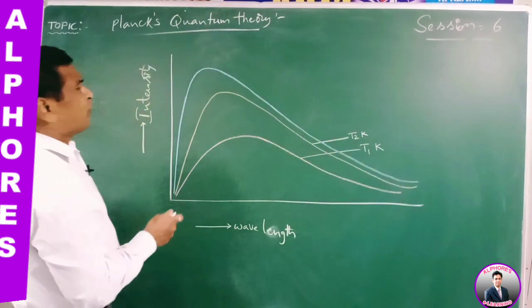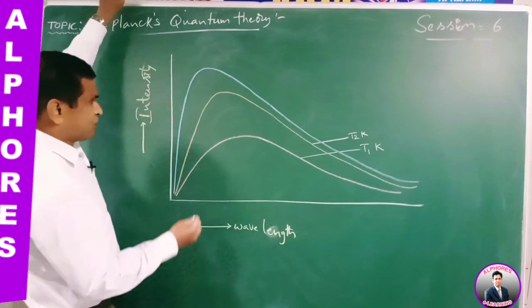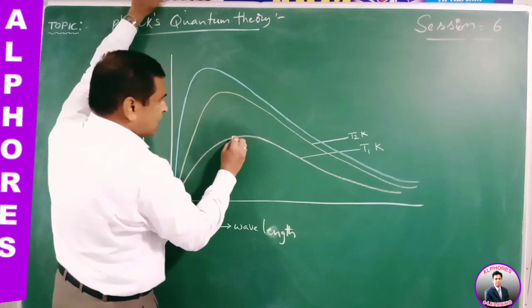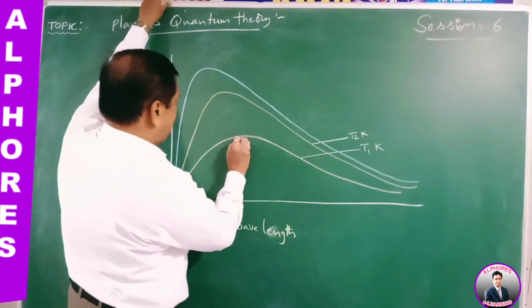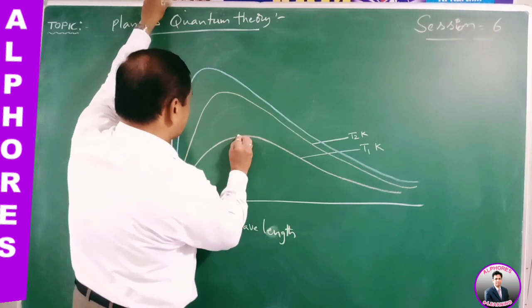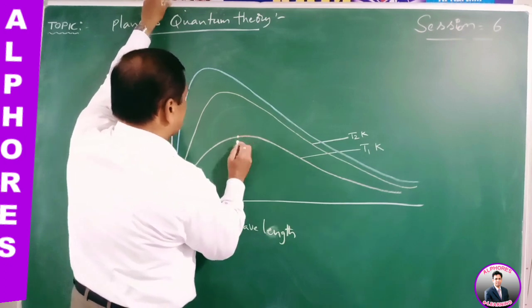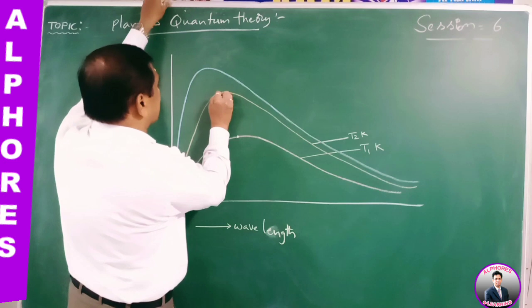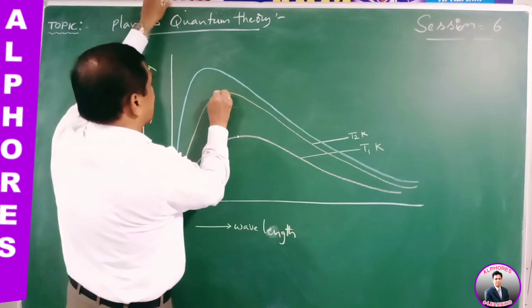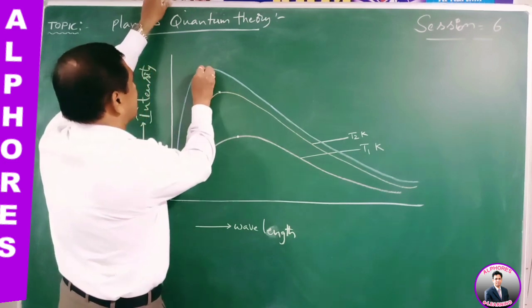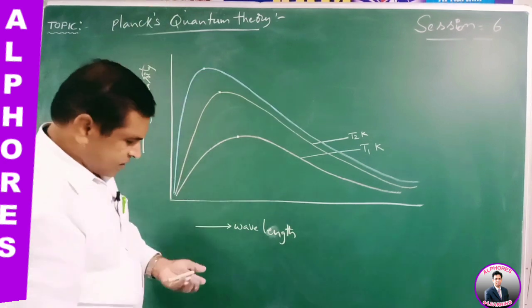Now let us identify the highest peak point on the curves. So in this T1 Kelvin curve, say for example, the highest point on the curve, and in the second curve the highest point, and in the third curve the highest point, noted like this.